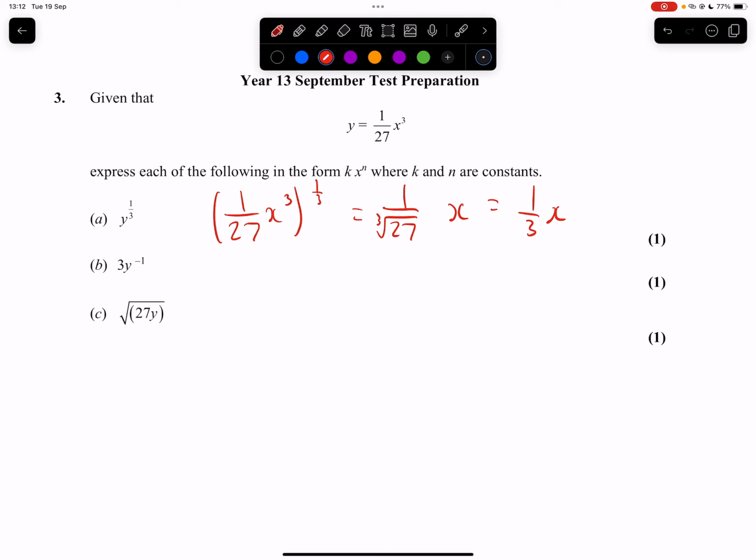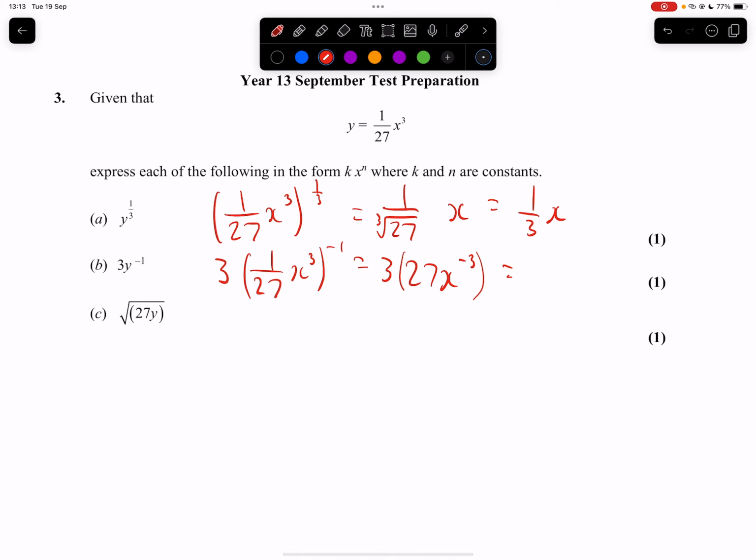Okay, next one. 3y to the minus 1 would be 3 lots of 1/27 x cubed to the minus 1. So if we do to the minus 1, for the power, like always, we times them, but we also need to do the reciprocal of 1/27th, which is 27, because we essentially flip the fraction upside down.